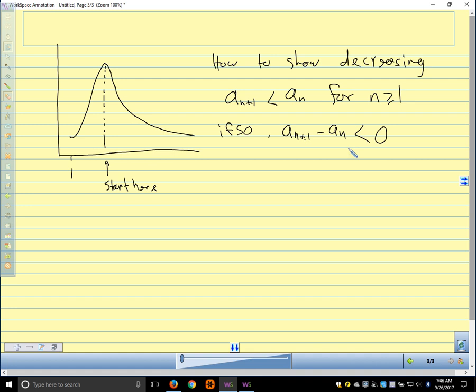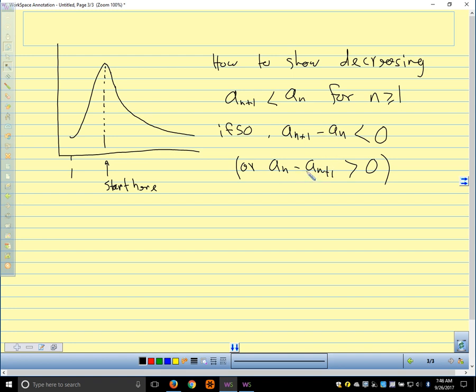That's how you would go about that. You could also say a sub n minus a sub n plus 1 is greater than 0, if I go the other way. But you have to somehow work with this quantity and show it's negative, or this quantity and show it's always positive.